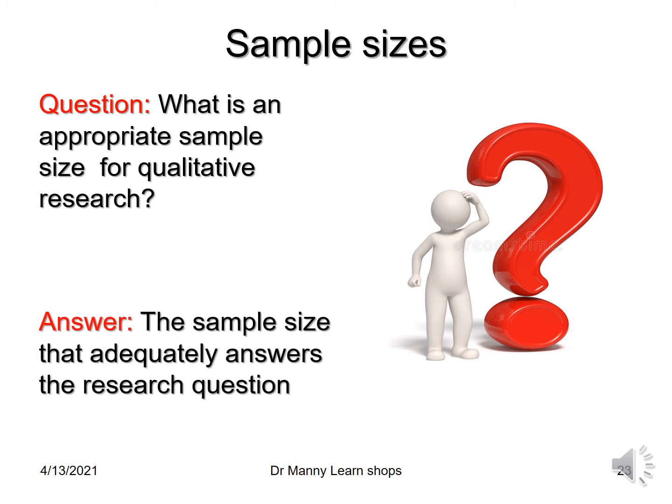Well, essentially, the best answer is the sample size is the one that adequately answers your research question. This can be answered by one person, or it can be answered by many persons. It depends on what your research question is and what you want to determine.